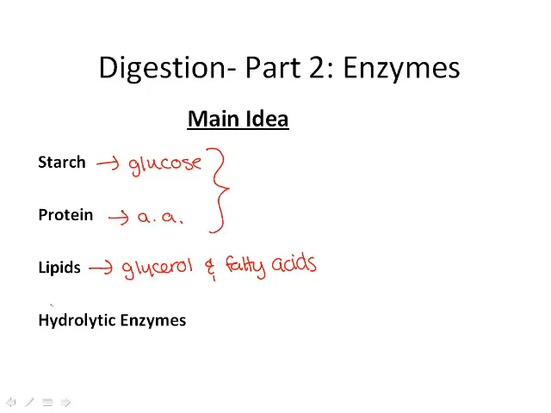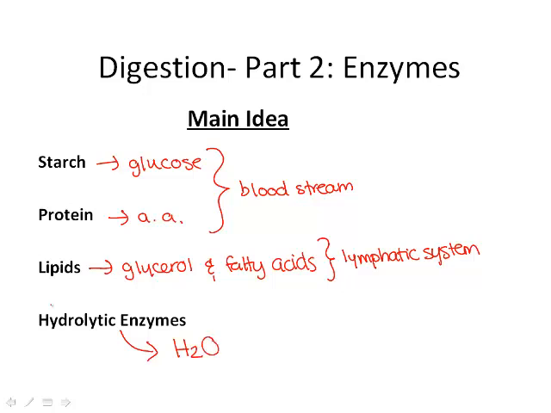Again, something that we learned in our last video, starch and protein are going to be absorbed by the villi into the bloodstream, and our lipids are going to be absorbed by the villi into the lymphatic system. So when we're talking about enzymes, building on prior knowledge from the units before, a hydrolytic enzyme uses water, and the water does two things.